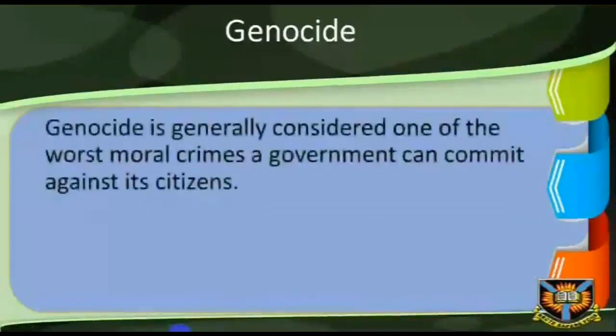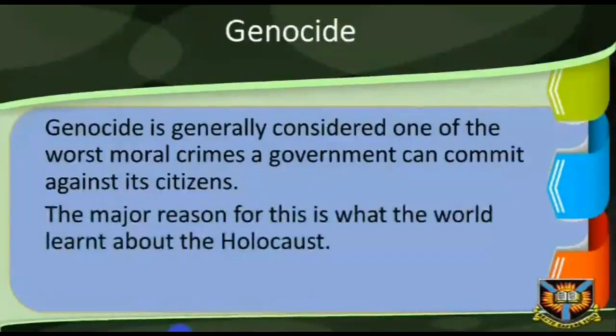Genocide is generally considered one of the worst moral crimes a government, meaning any ruling authority, including that of a guerrilla group, a quasi-state, a Soviet, a terrorist organization, or an occupation authority, can commit against its citizens or those it controls.